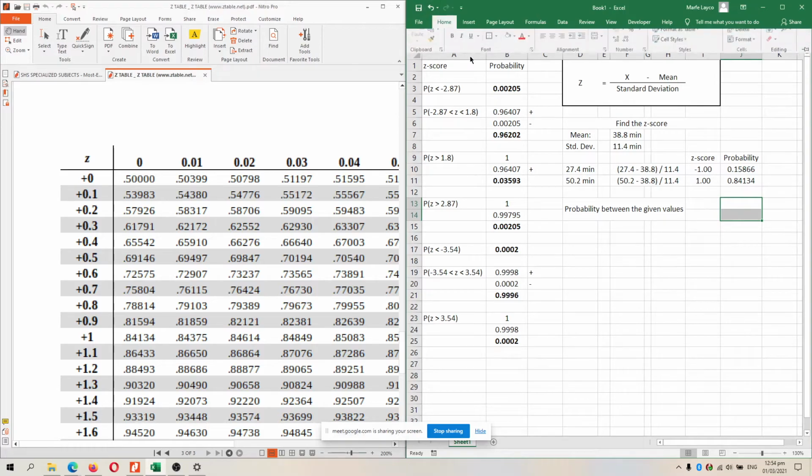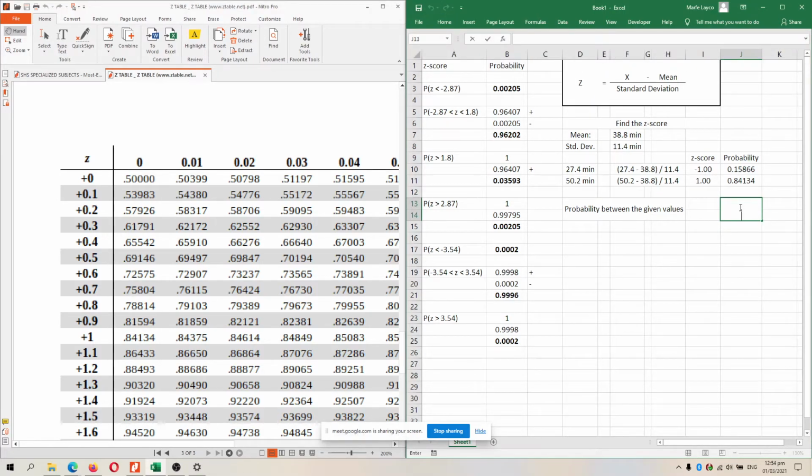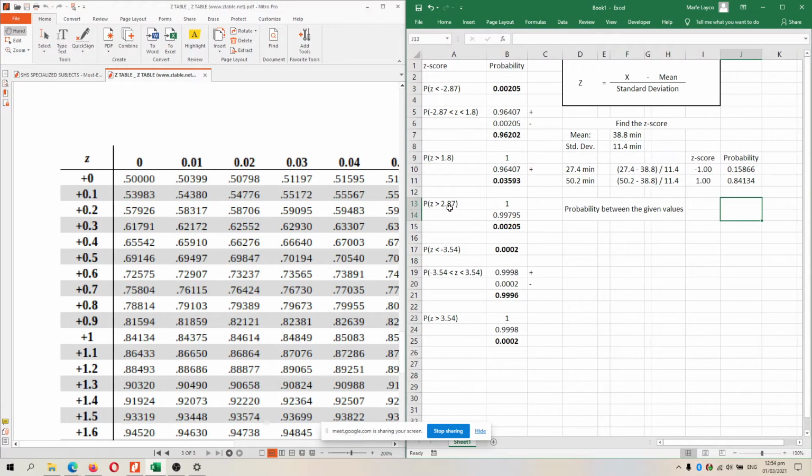Ngayon, probability between the given values. So, kukunin natin yung probability nila. Paano natin kukunin? Ibig sabihin, isusubtract lang natin yung dalawang probability. Kasi yan naman yung kahanapan natin.